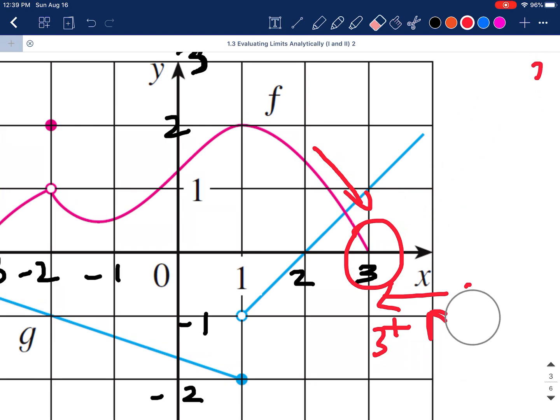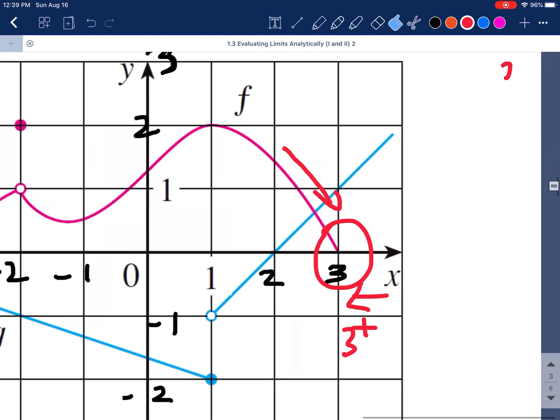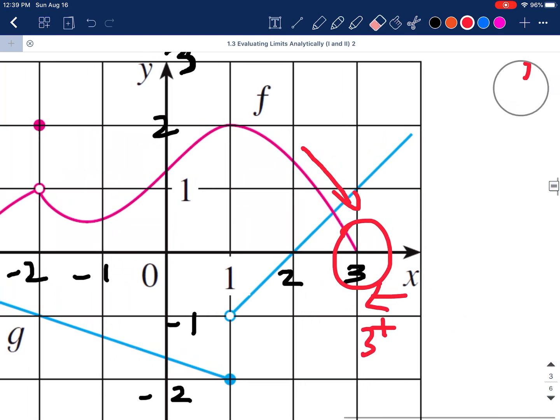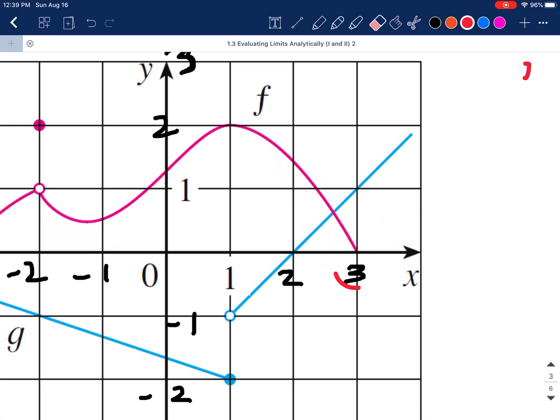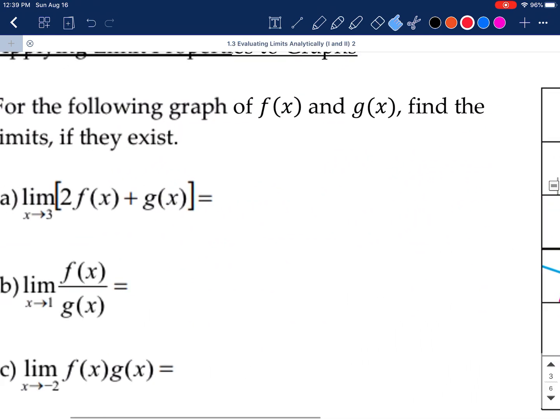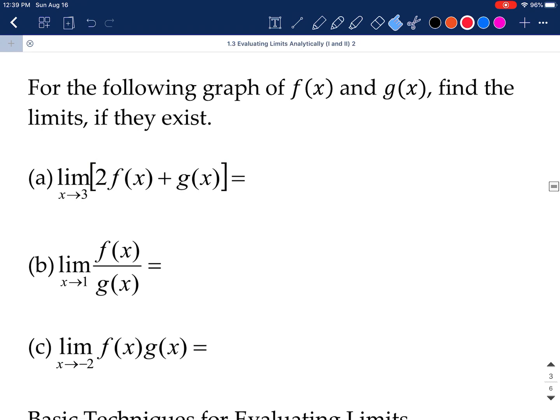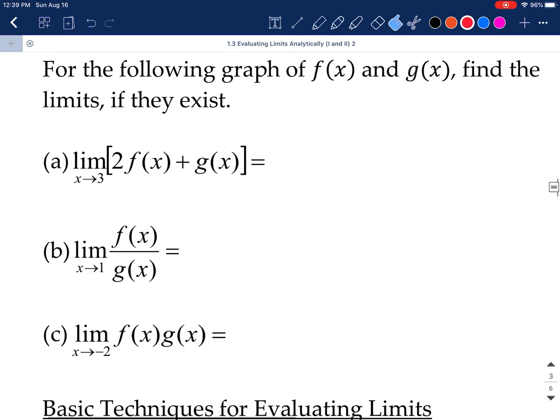So, going back to our limit here, this limit does not exist, right?